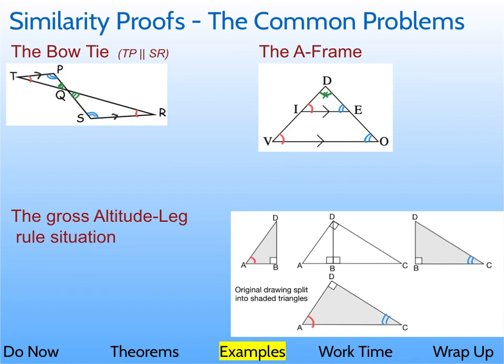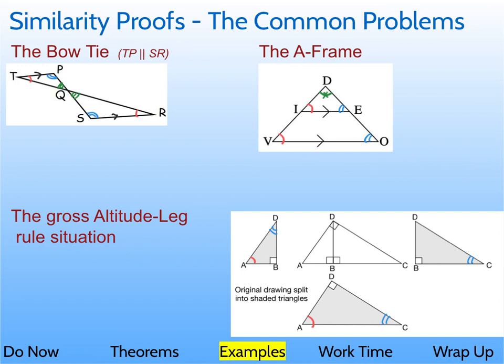So, if this is the same as this, then this would have to be the same as this, because these three angles have to add up to 180, and we already know two of them are the same. So that means the third one has to be the same. So we can actually label that this is the same too.